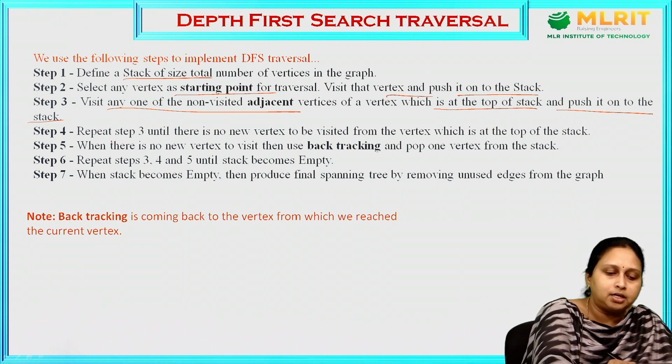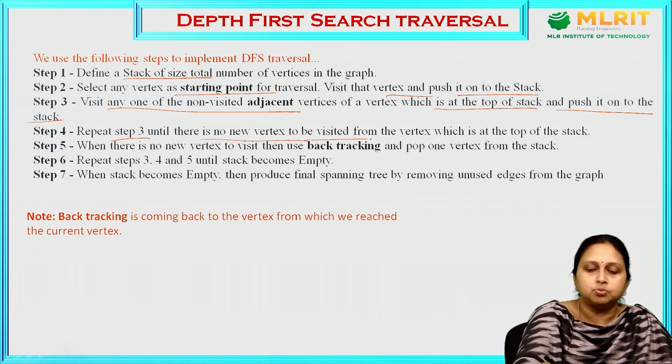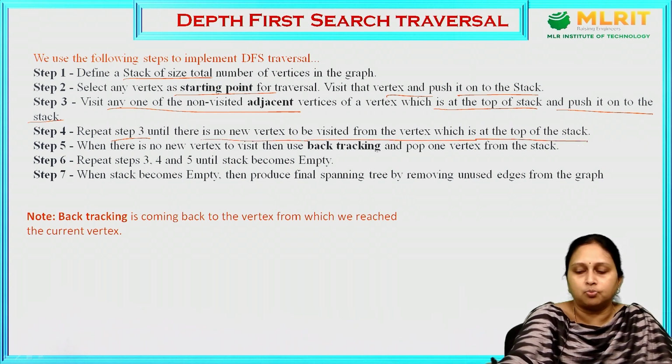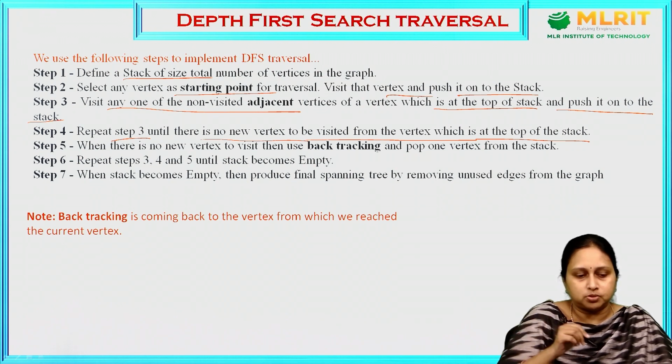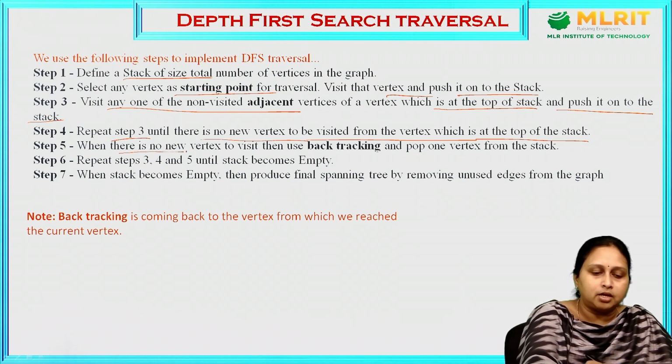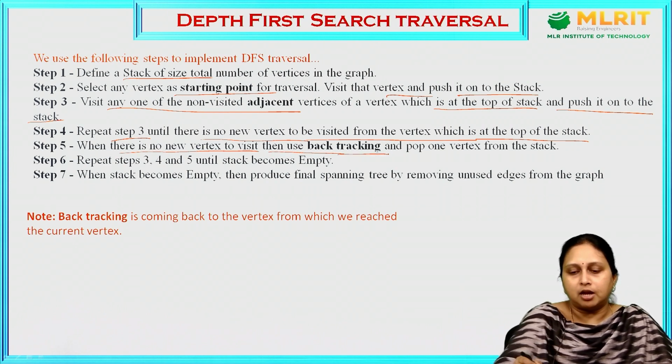Repeat step 3 until there is no new vertex to be visited from the vertex at the top of the stack. Until you find no new vertex to visit, you have to repeat this process. When there is no new vertex to visit, use backtracking and pop one vertex from the stack.